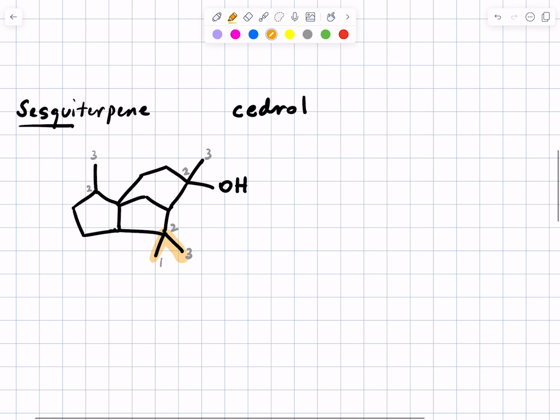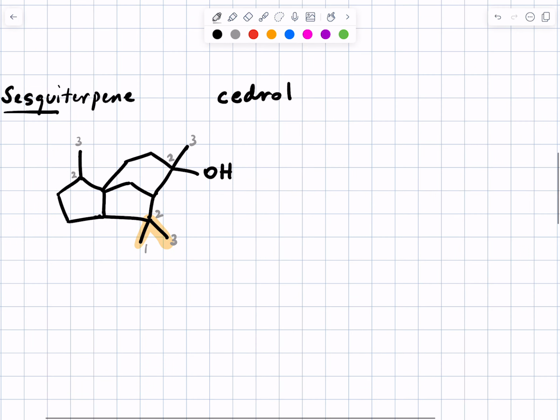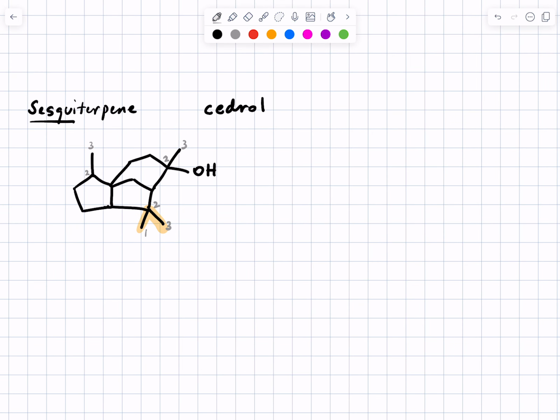And again, what I'm going to be doing is comparing the structure of this really complicated sesquiterpene to its linear precursor, which should be 3 isoprene units all linked together in head to tail fashion like this. So I'm going to abbreviate the pyrophosphate group like that just to save us time.